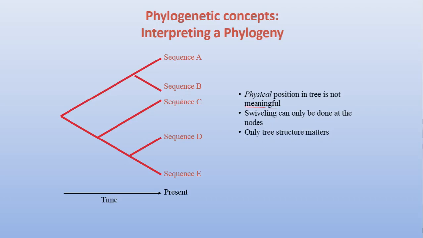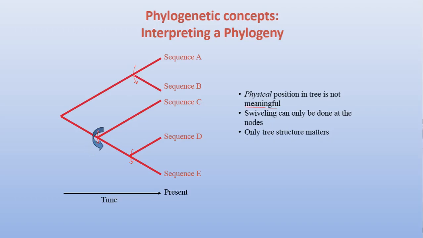It is only the structure of the tree that matters. Why? Because it is possible to swivel these trees wherever there are nodes available. These trees can be swiveled at the internal nodes.